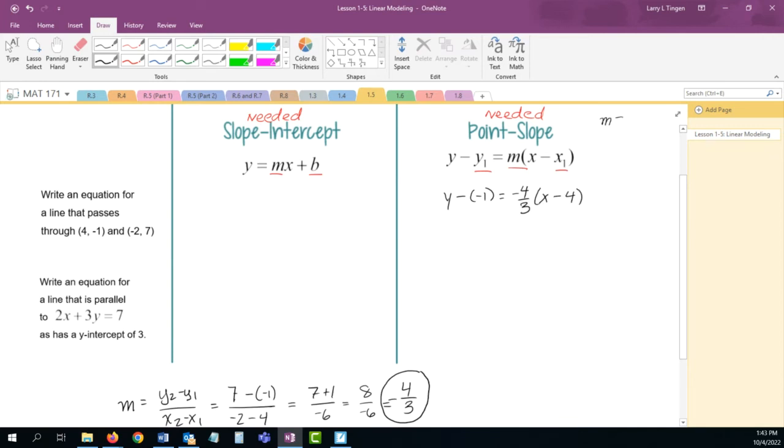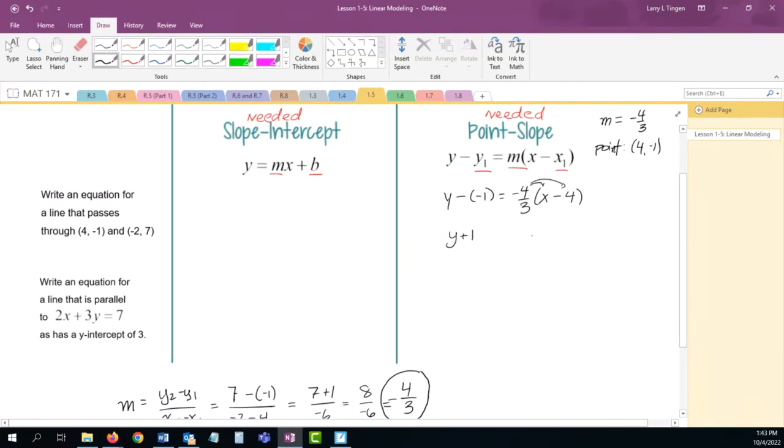And remember that the slope I have found is negative 4/3, and the point that I'm going to use is 4, negative 1. The negative 4/3 comes from the calculation right there. The point comes from either one of the points they gave me to start with. So solve this for y, and you're going to get this in slope-intercept form. Y minus negative 1 is y plus 1.